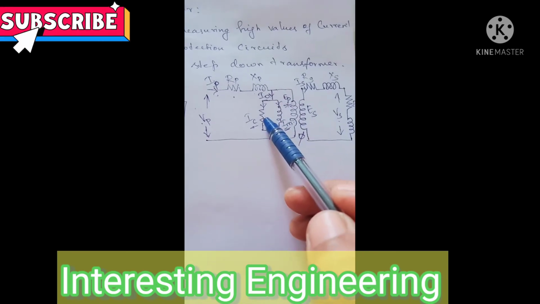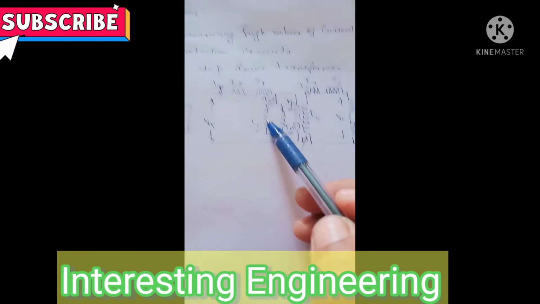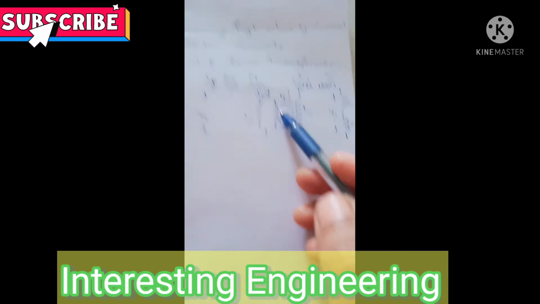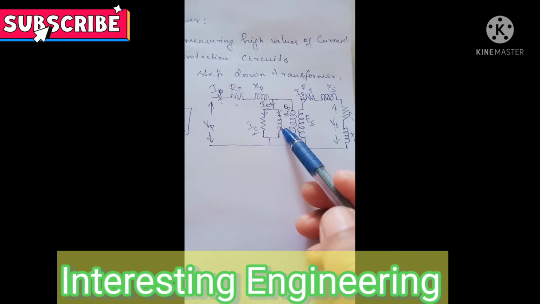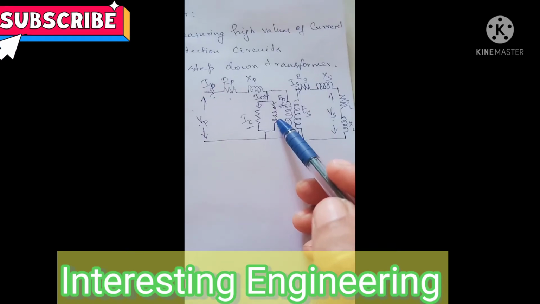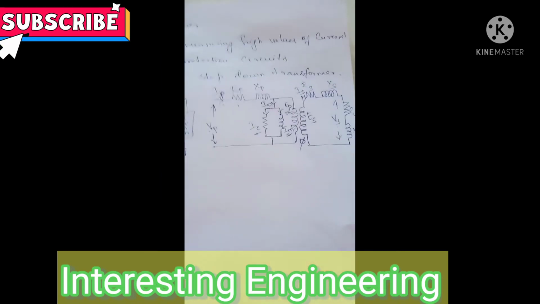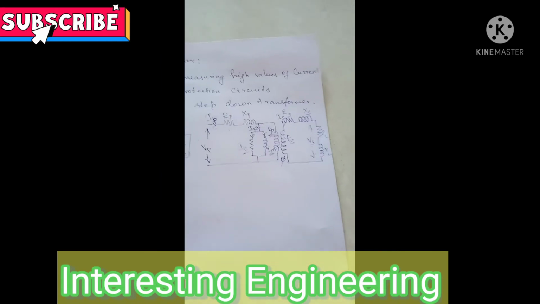The current through this terminal is called the core loss component of current, and the current through this terminal is called the magnetizing component under no load condition. So this is our equivalent circuit, and based on it, let's draw the phasor diagram.